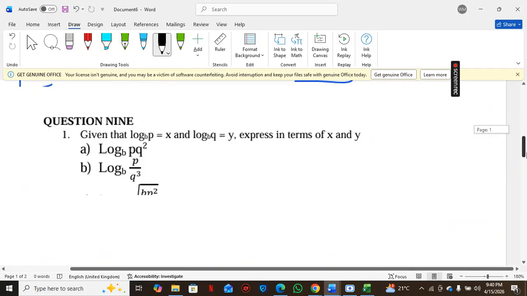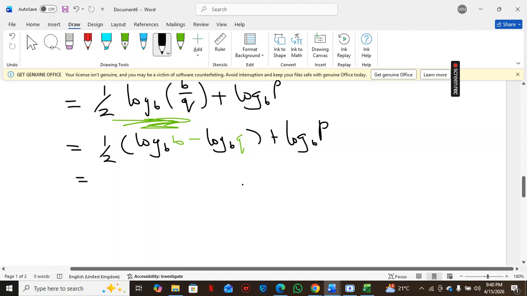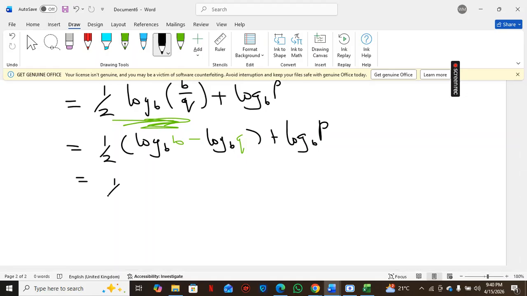So that becomes half, open brackets, 1 minus, and according to our question, log base b of q equals y, plus log base b of p equals x. So this is our answer.